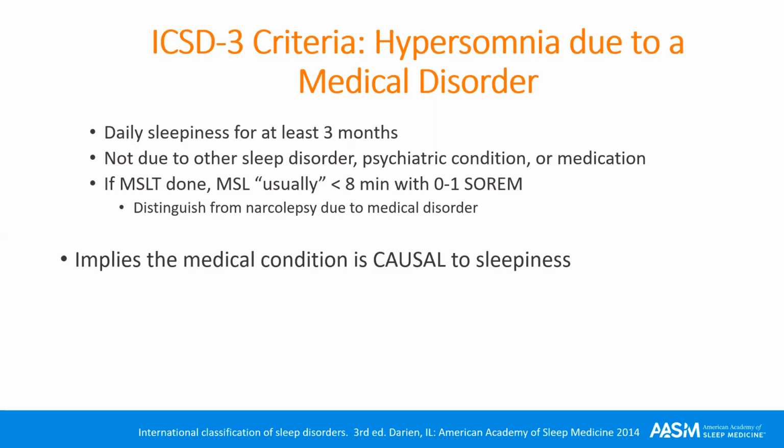Here, like with the other disorders, it can't be due to something else. It is due particularly to one identified medical disorder. This label implies not just that the person is sleepy and has a medical problem, but that you think with a reasonable degree of certainty that the medical problem is what's causing the sleepiness.